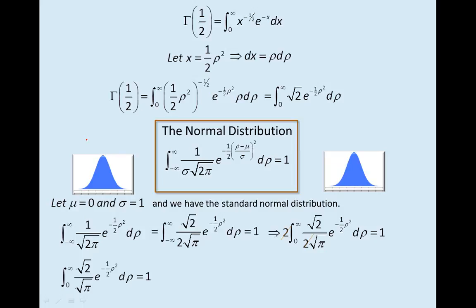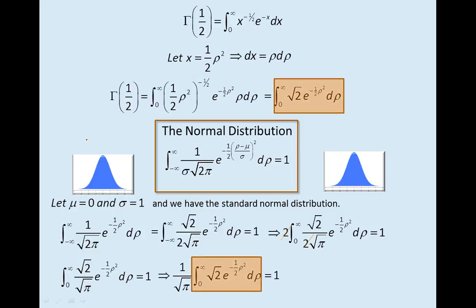Now, you notice that this integral here looks a lot like our gamma function integral, except it's got a pi in the denominator. So let me factor out the pi. And look, these two are the same. So it looks like I have a way now of determining the value of this gamma integral, gamma of 1/2.